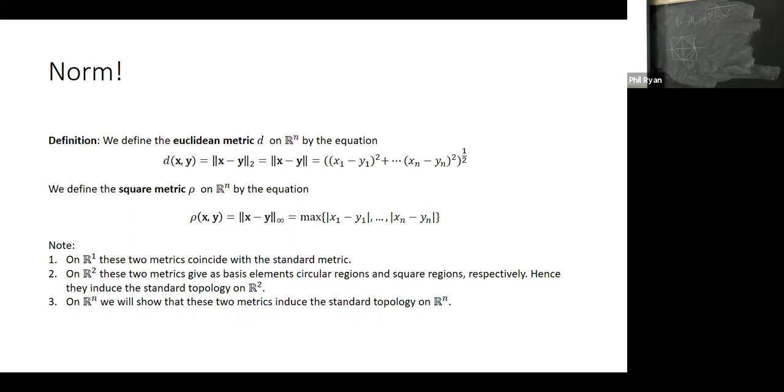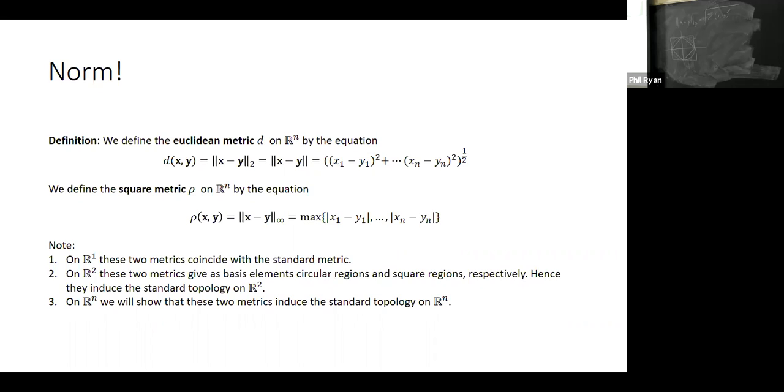So for example, on R1, on the real line, these metrics just coincide with the standard metric. Because if there's only one coordinate function, then the square root of something squared is just going to be the absolute value, and if there's only one thing, there's only one thing to take the max over. So they're all the same thing, and that just gives you the standard metric.